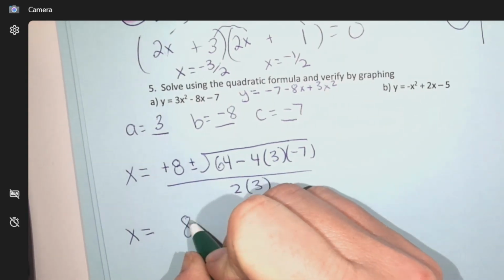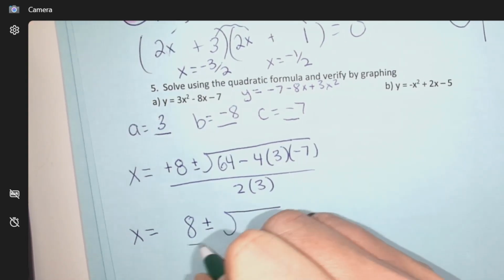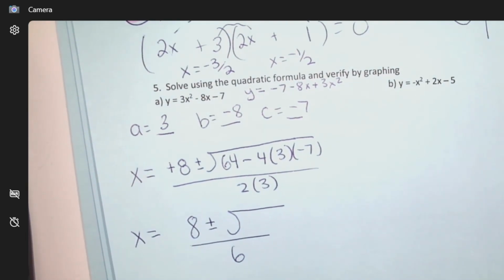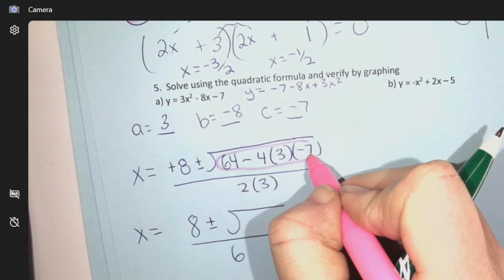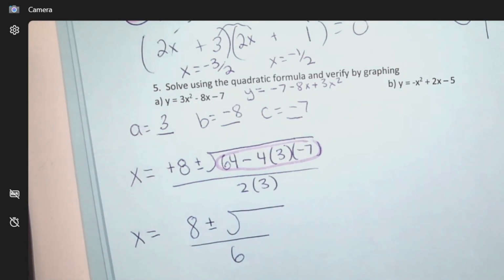So you should go 8 plus minus the square root of something over 6. Okay, can you go into your calculator and literally just type this in for me? Just that part.